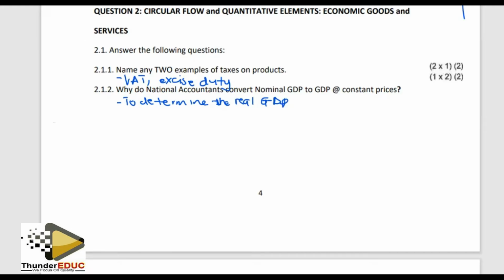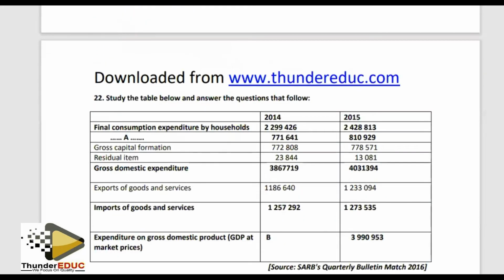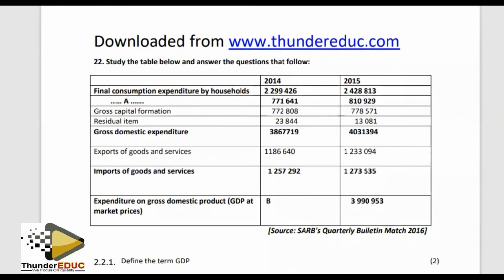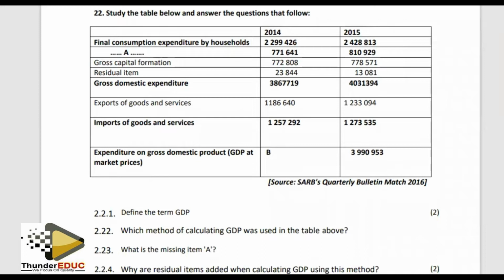Okay, let's go to the next question. We are provided with a table below, and we are supposed to use it to answer the questions that follow. We are provided with the final consumption expenditure by households.